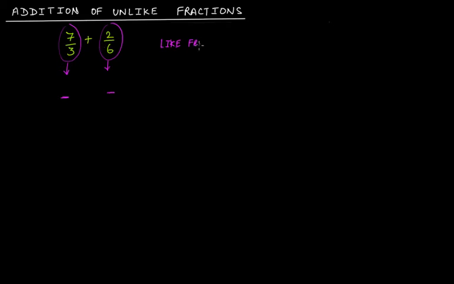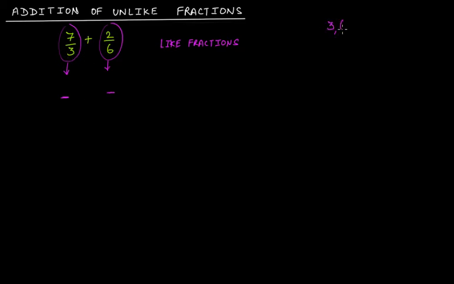To make these unlike fractions into like fractions, you have to find the equivalent fraction of this one and the equivalent fraction of this one in a way that the denominators of these two equivalent fractions are the same. And the way to do it is to find the LCM of 3 and 6.